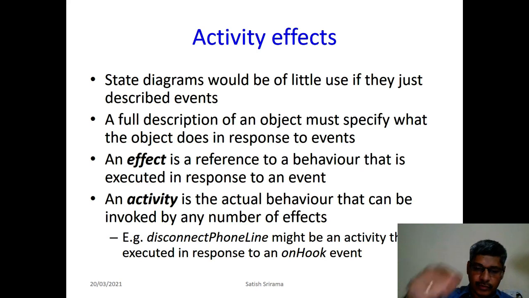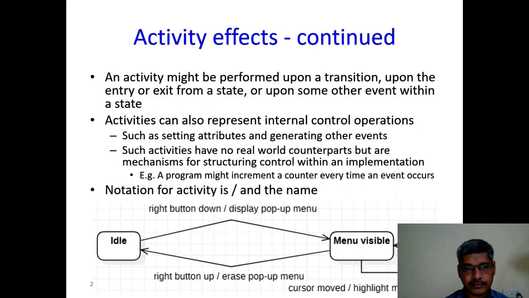Okay, so the phone line will change to idle state, which we have seen in the state diagram earlier. But the point is disconnect phone line is the activity that is executed in response to an on hook event. Hope that is clear. Of course, we will be looking at several examples of these activities.